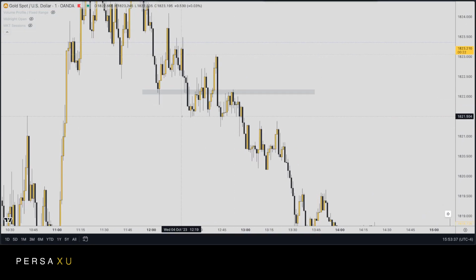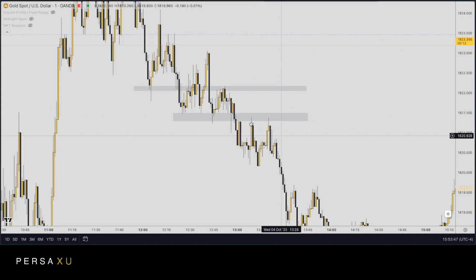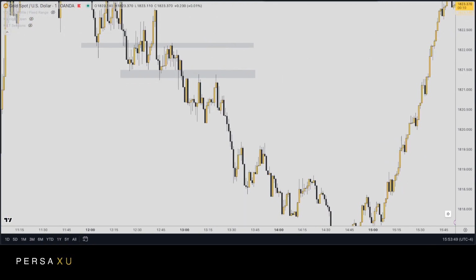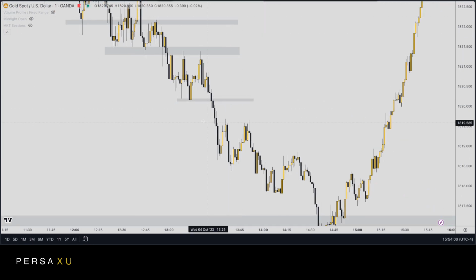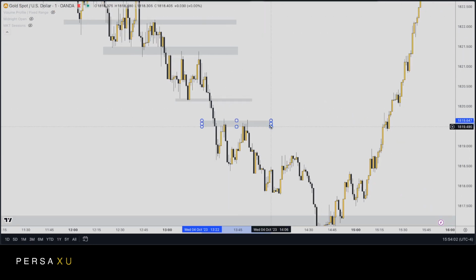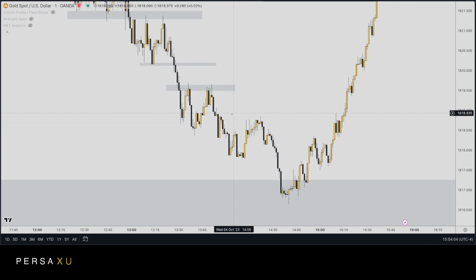As you can see, every time that price would break a support, it would respect that previous support as a resistance. Over here, notice that it didn't retest, it didn't go up to that area, but it did respect a resistance, right? And this just went on and on.